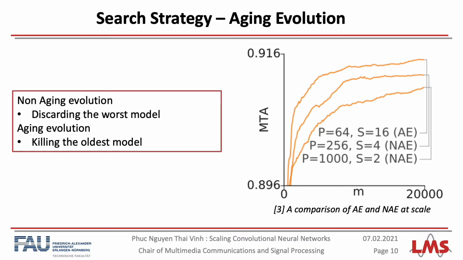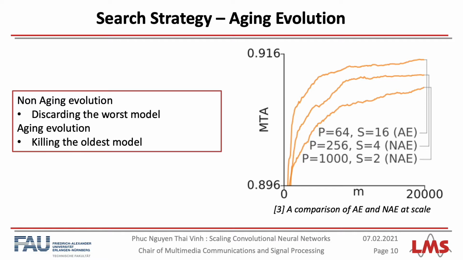On the right side, you can see the mean test accuracy performance, evaluated on about 200,000 models, comparing aging evolution and non-aging evolution at scale. As you can see, we increase P, the number of individuals in the population, and S, the number of samples.